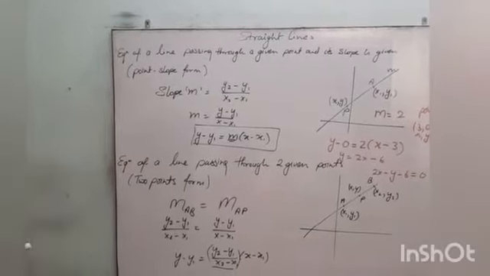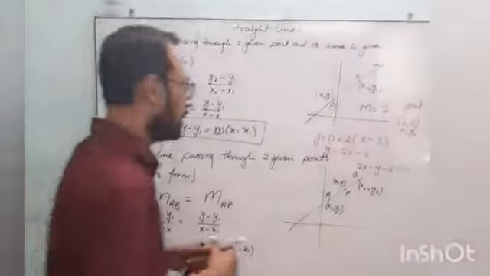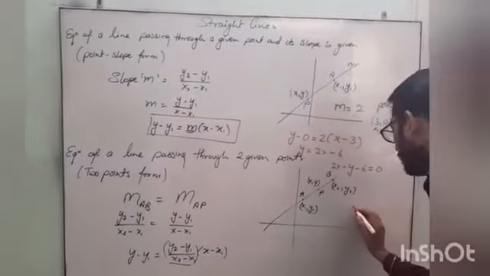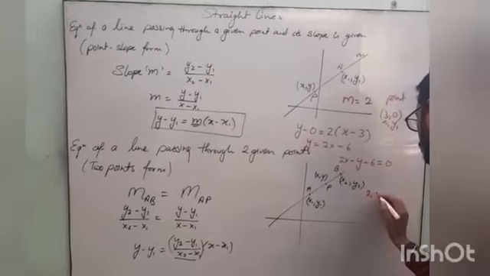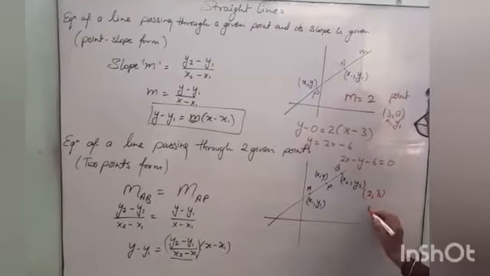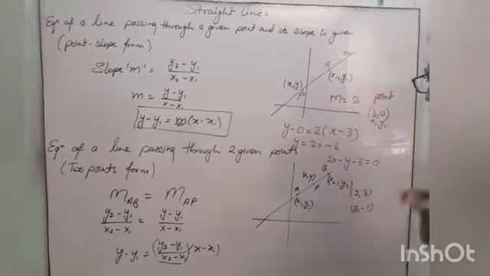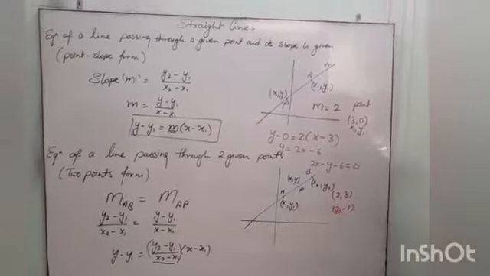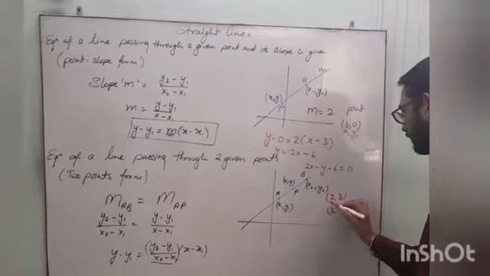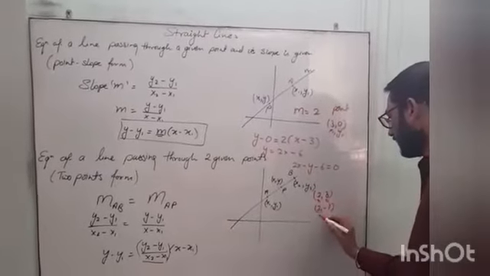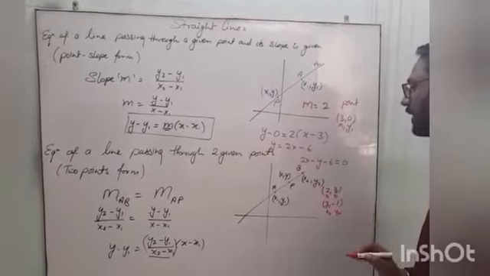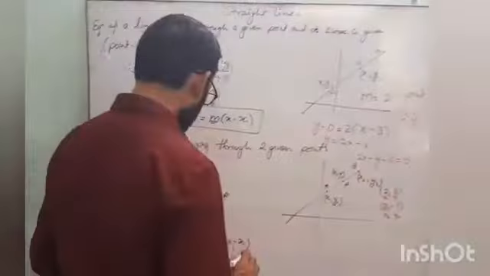Now if a question is given to us in this situation, like the points are 2, 3 and 3, minus 1, in this case we are going to calculate the equation of the line. This is x1, y1, x2, y2. Let us put them into the equation.